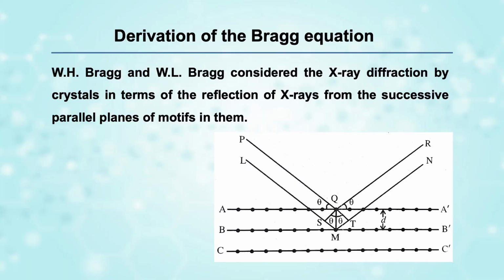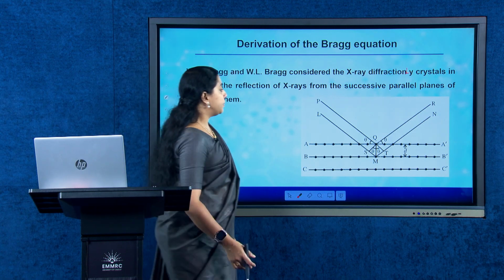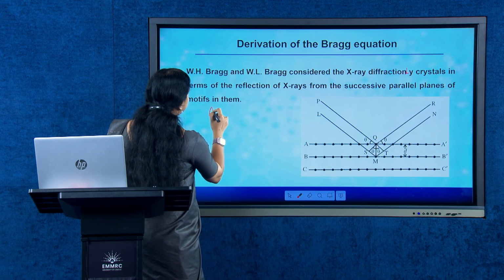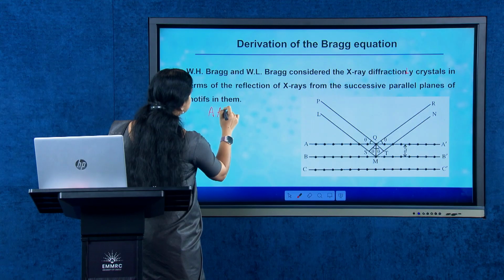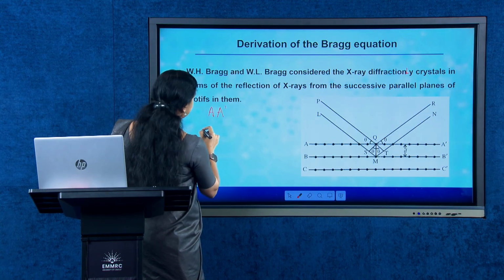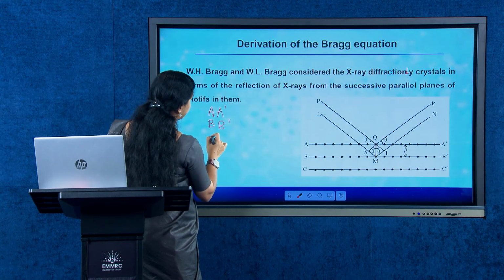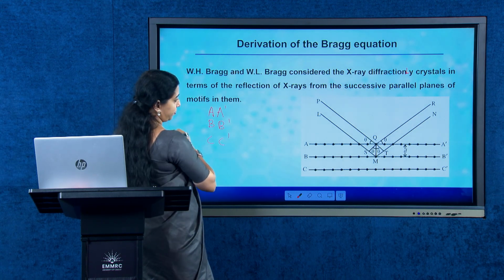Bragg considered the X-ray diffraction by crystals in terms of the reflection of X-rays from the successive parallel planes of motifs in them. Motifs means structural units in them. For example, as you can see in the figure, you can see different layers of planes represented as A, A dash, B, B dash, C, C dash.